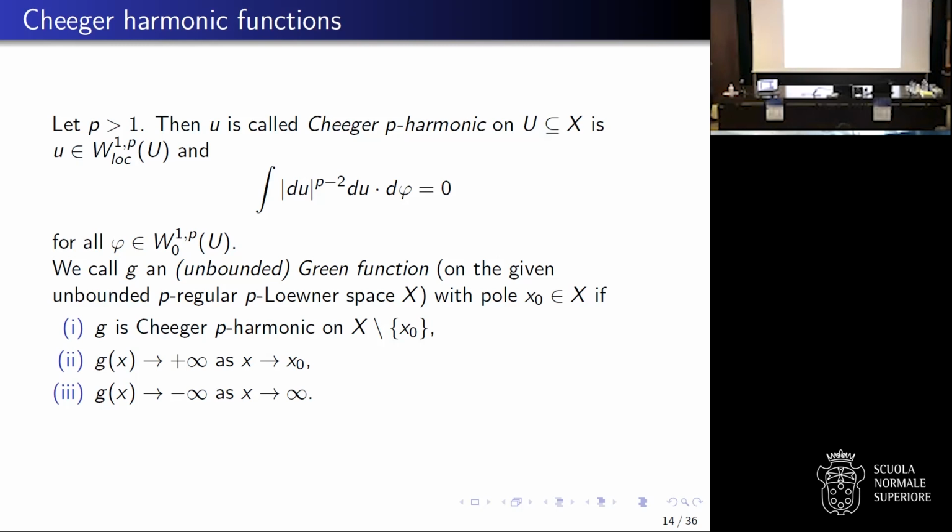So you have a natural notion of harmonicity, and then you can define unbounded Green's functions exactly in the same way. You have a given pole. You require that the function is harmonic in the complement of the pole, and that it has the right type of blow-up near the pole, or as the point eventually leaves all compact sets. So this all makes sense in this setting.